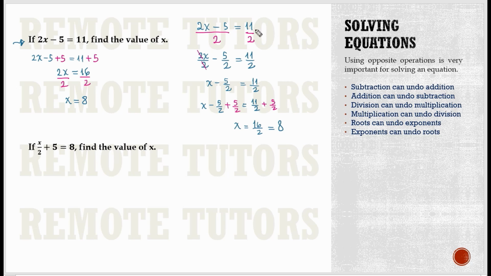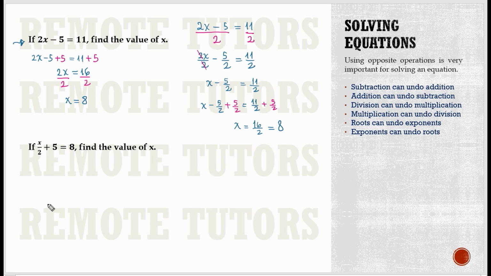Now this solution is okay, but you have to notice that it takes more steps. So anytime you are solving an equation, make sure that you start by removing either addition or subtraction. You always remove either addition or subtraction first, and then you remove either multiplication or division, because in that order it takes less steps to find the value of the variable.